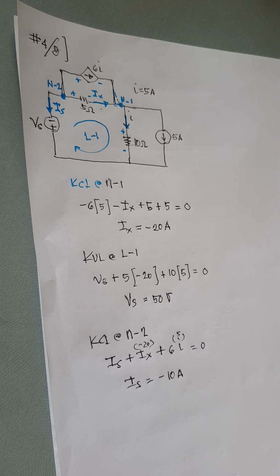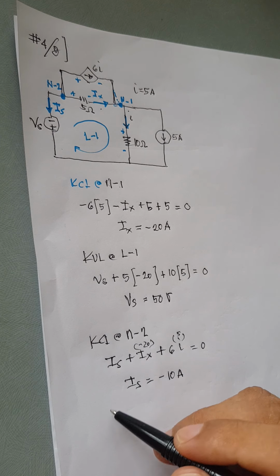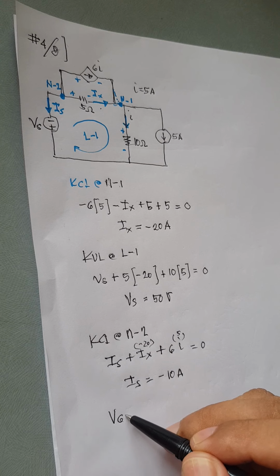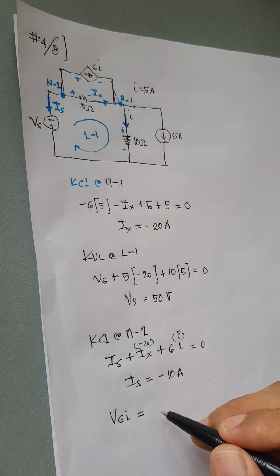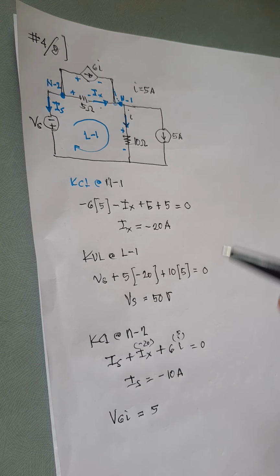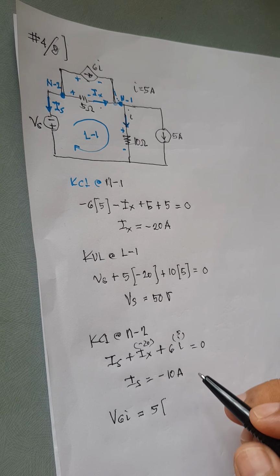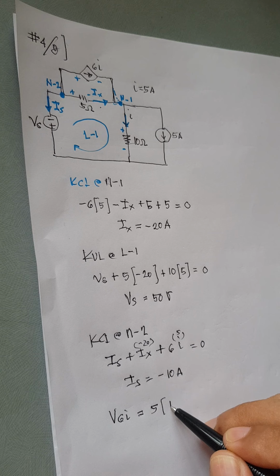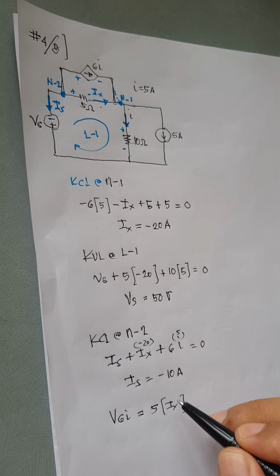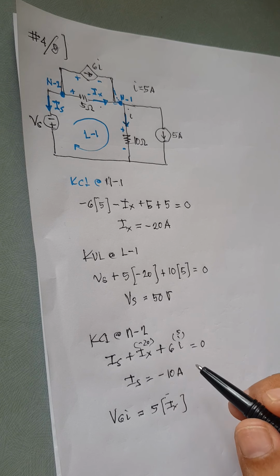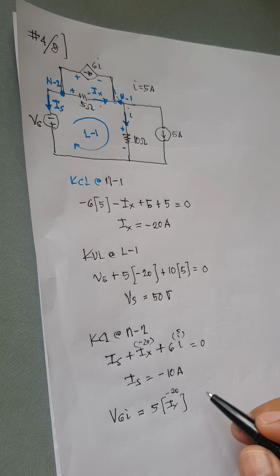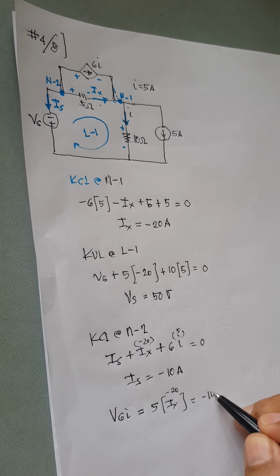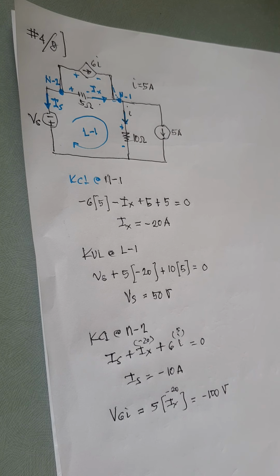So voltage across 6I equals 5 times the current, which is IX. But IX is negative 20. So the answer is negative 100 volts.